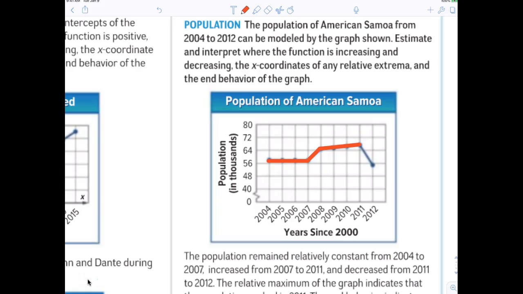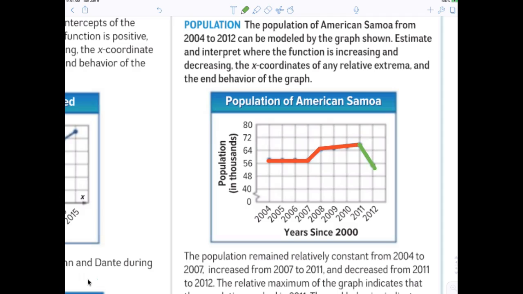Now, from 2007 to 2008, is it increasing faster, or is it increasing faster from 2008 to 2011? 2007 to 2008 is increasing faster. Agreed? And then all of a sudden, it decreases.